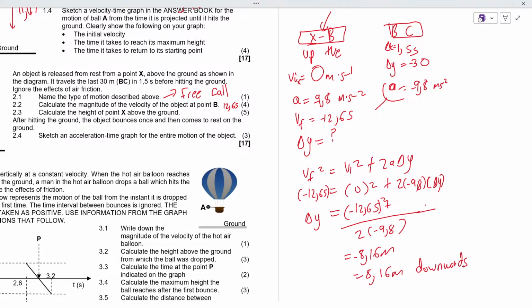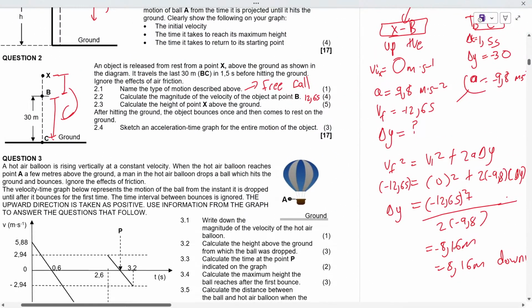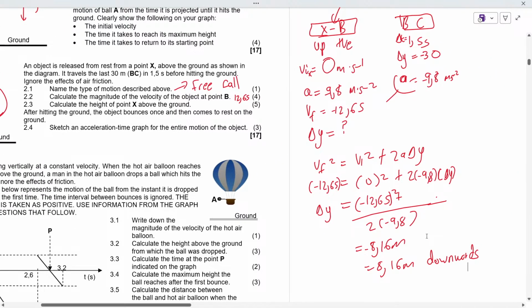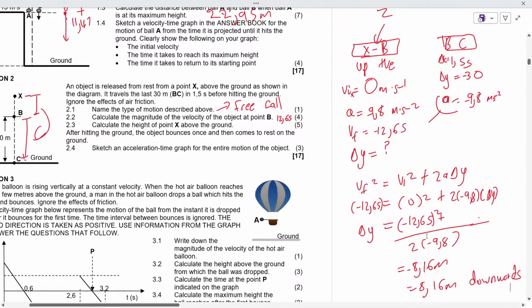Does it make sense according to the information? Yes, it does. X is going downward. So another way to verify your answer is to ask whether it makes sense according to this without working again.